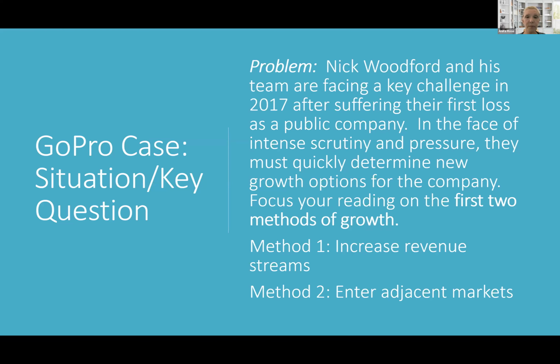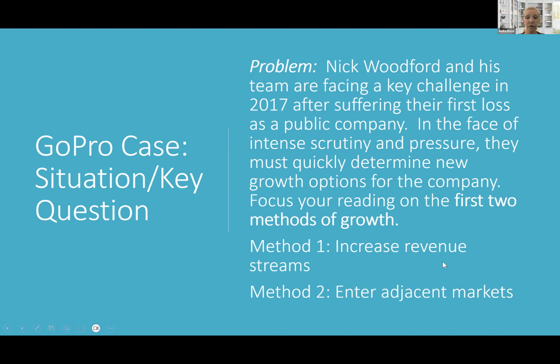So here, the problem in this particular case is that Nick Woodman of GoPro and his team are faced with key challenges, and this was back in 2017 after suffering their first loss as a public company. They went public, they suffered a huge loss, they were under intense scrutiny and pressure. So what did they do and what could they have done are the questions that your team will be answering.